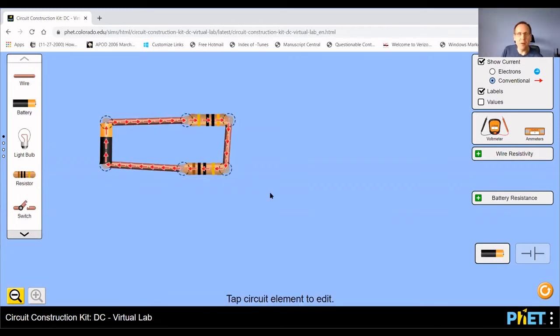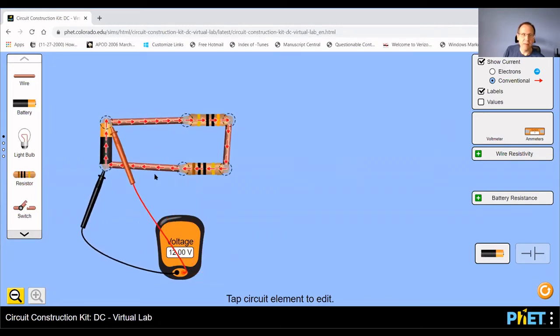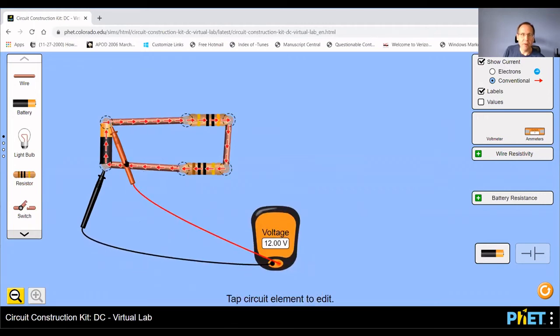So then to measure the voltage, remember, one of them was AD across the battery. So you go to the voltmeter, this would be the negative side, this would be the positive side. Then you wanted to measure the voltage across AB, across the first resistor.